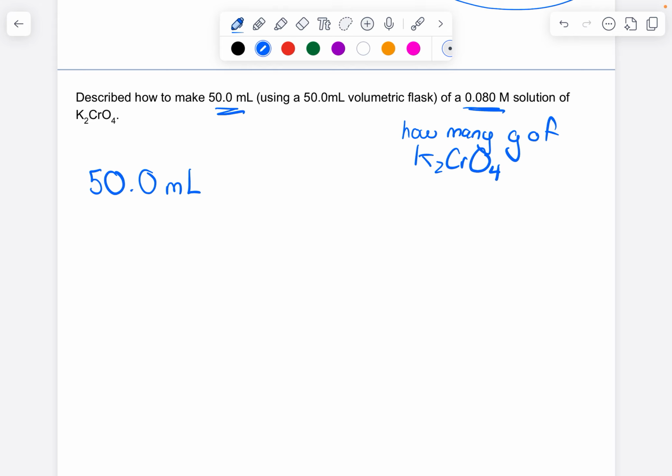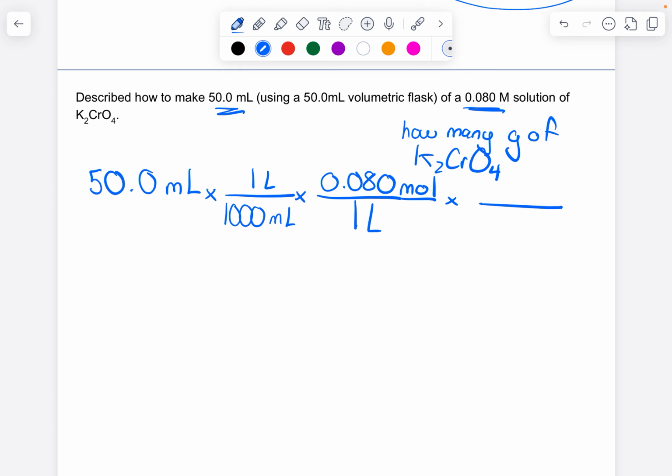So when it asks a question like that, it's asking about grams because it wants to know how you're going to prepare it like in a laboratory setting. So we're going to go ahead and use the molarity again as a conversion factor to get us to grams.